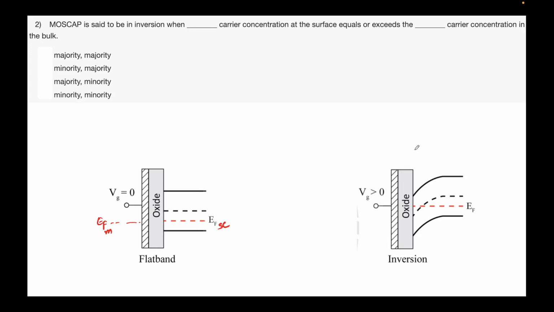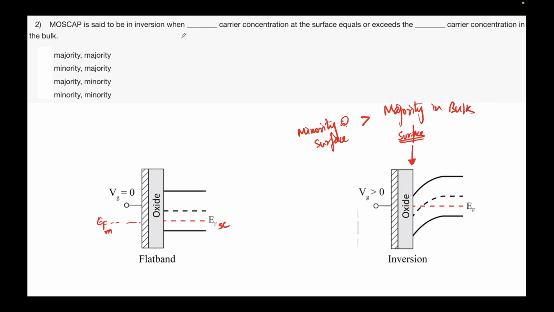So if you see at the interface, which we sometimes call the surface, this is a p-type, so the minority concentration at the surface has exceeded the majority in the bulk.